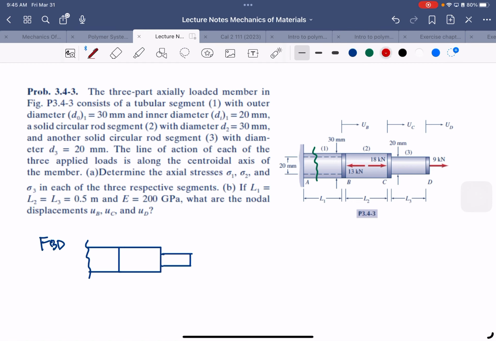Okay, so this is 9. This is 18. This is 13.